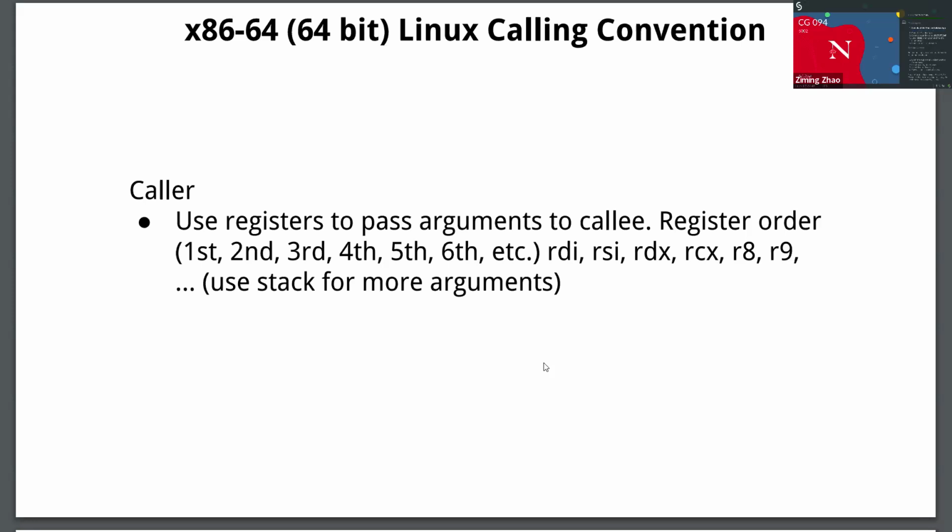They go to those registers, RDI, RSI, RDX, RCX, R8, R9. Those registers were not available on the 32-bit machine. Well, RDI and RSI actually were available. Those two are also available in the 32-bit version, but there are not enough registers to do this.